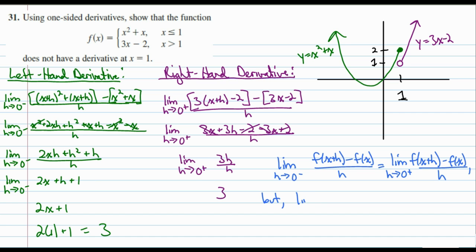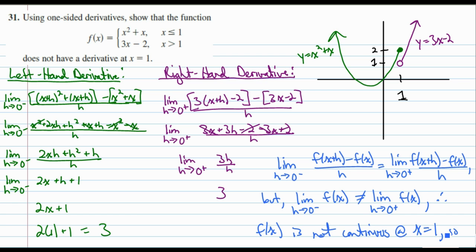However, the limit as h approaches 0 from the left of the actual function, so the y values coming in from the left, do not equal the y values coming in from the right of just the actual function, not f of x plus h, not the difference quotient. The actual function's values aren't equal. Therefore, f of x is not continuous at x equals 1, so it is also not differentiable.